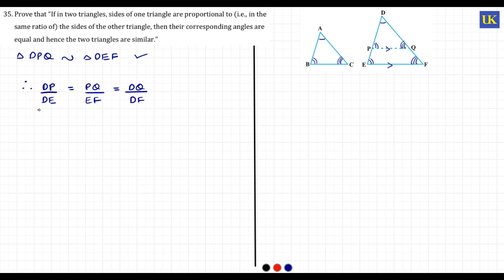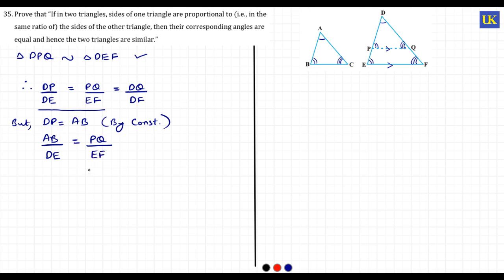Now we will take these two things. We know that dP is equal to AB, because of construction. So instead of dP I can write AB upon dE is equal to PQ upon EF, and this is by construction.